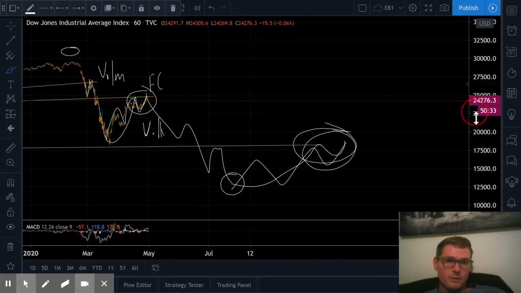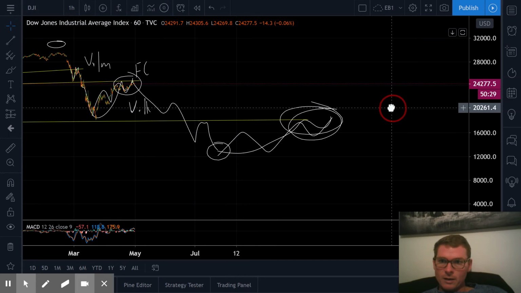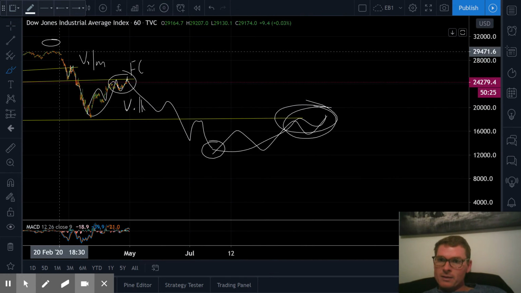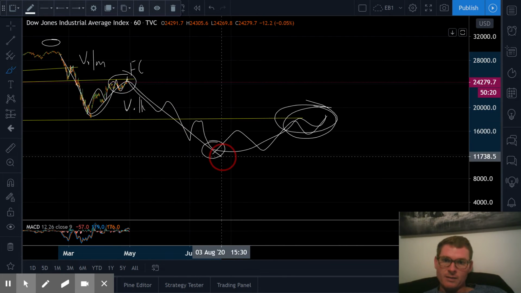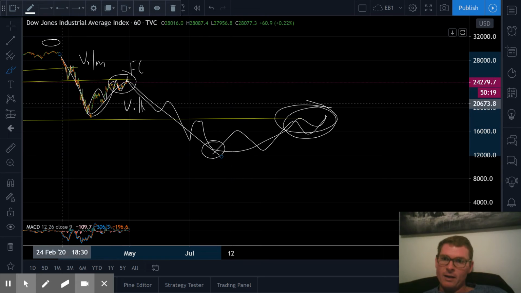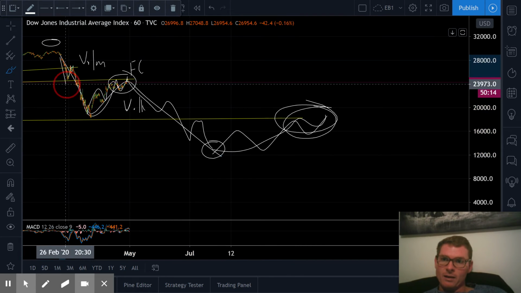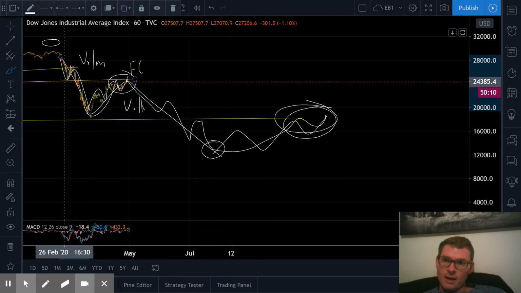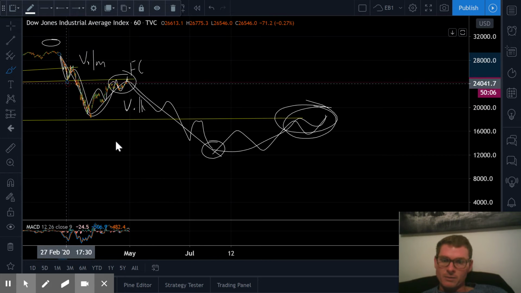And then if you draw the Elliott correction waves on this one, you get the big pattern, which is this one. You get the ABC correction wave here. And then along the A leg of that one, you get an A, B, C correction wave. And then along the A leg of that one, you get the same thing, an A, B, C correction wave.